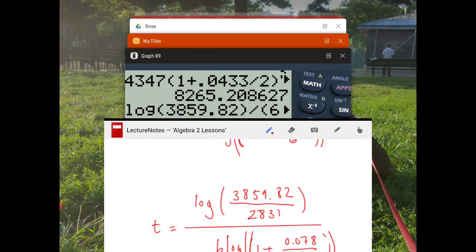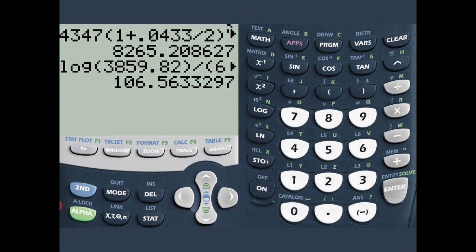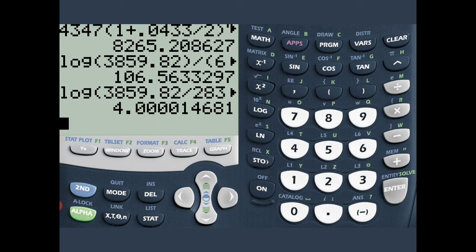2831. I forgot to type this in. Divided by 2831. That would make a big difference. So 4 years.